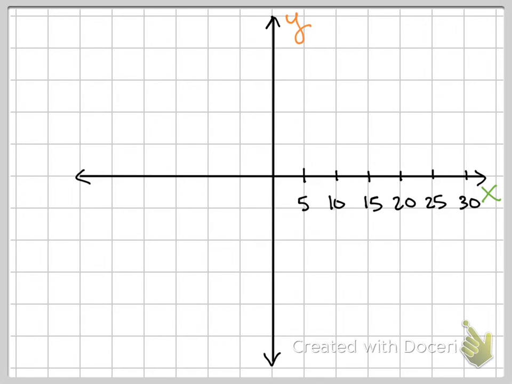One of the things that we have to practice when we're doing graphing is figuring out the best way to number based on the numbers that you are trying to graph. So here I'm just labeling each of my axes based on how I decided to graph.